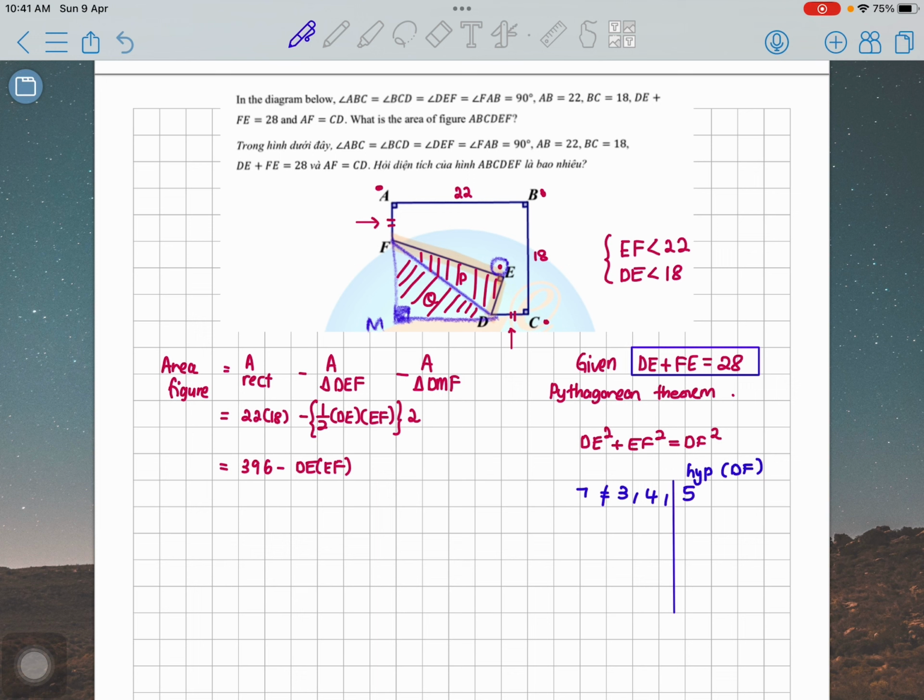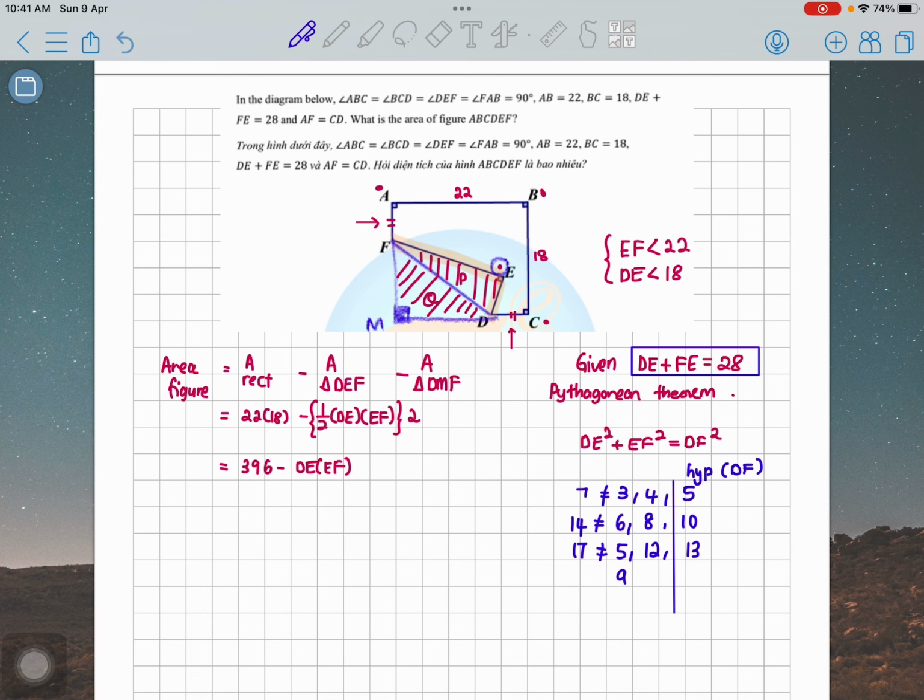What is the next Pythagorean triplet that you can think of? Can we do 6, 8 and 10? 6 plus 8 is just 14. Still not 28. Okay, how about the next one? 5, 12, 13. 5 plus 12, I get 17. Still not helping me. What is the next common one?